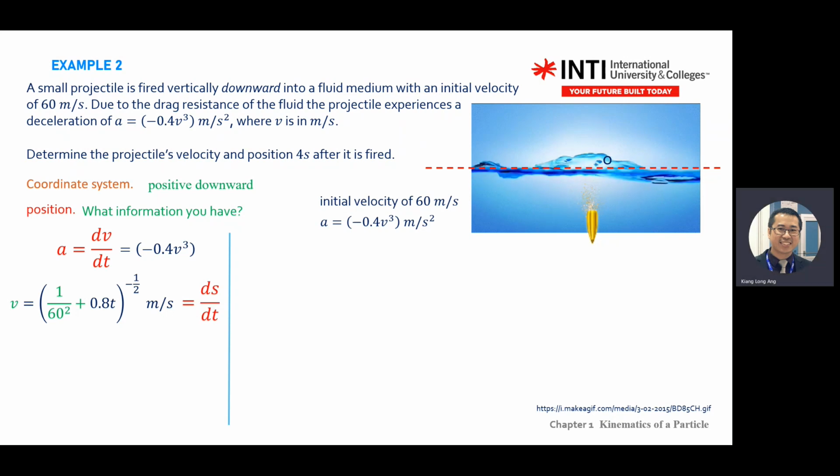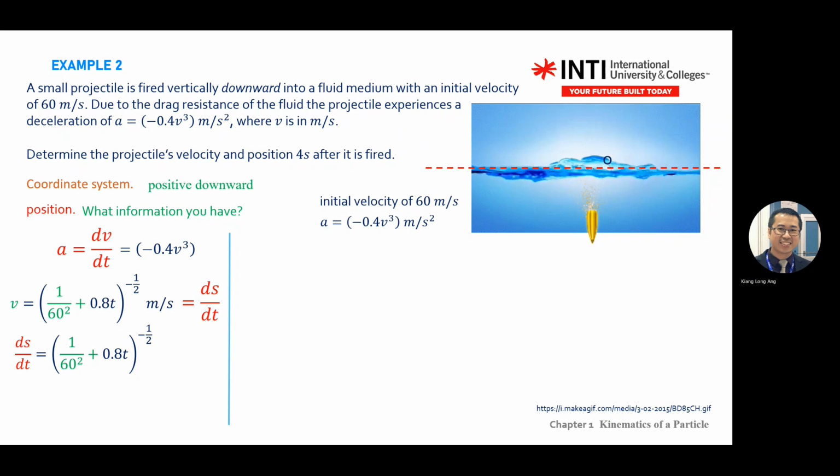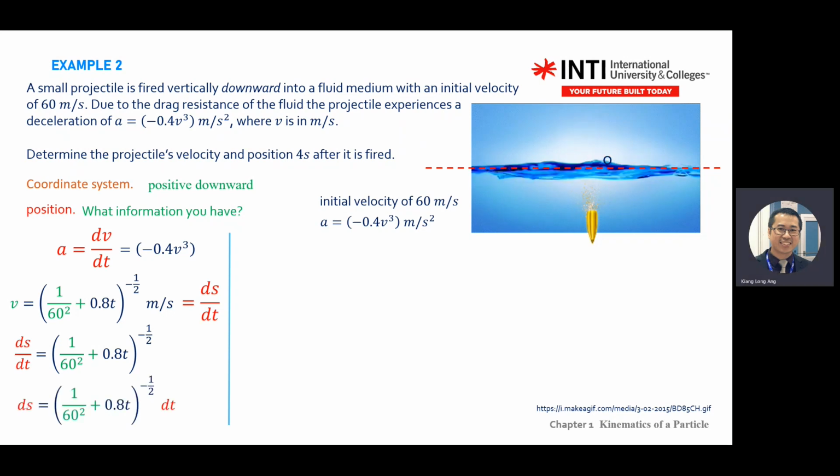So you rewrite this equation and this equation in the same form. You do rearrangement, then you do integration. You get the s, right? ds equals this one, ds one side, dt one side. The next is integration, but you need to check. In integration, if it's not in terms of t, then you cannot.